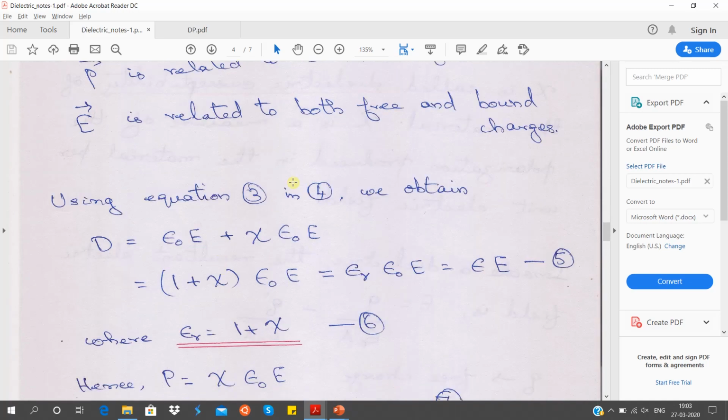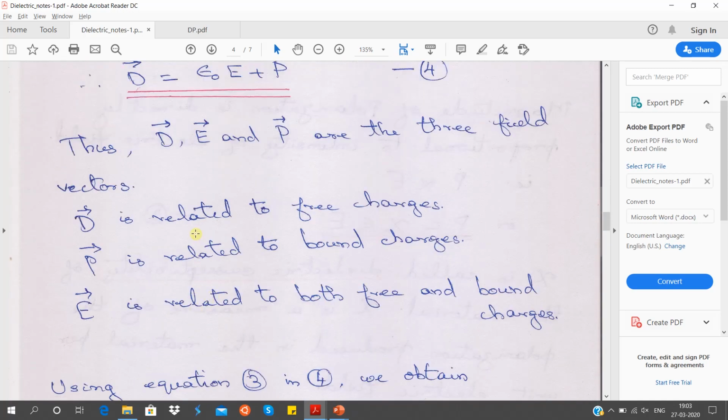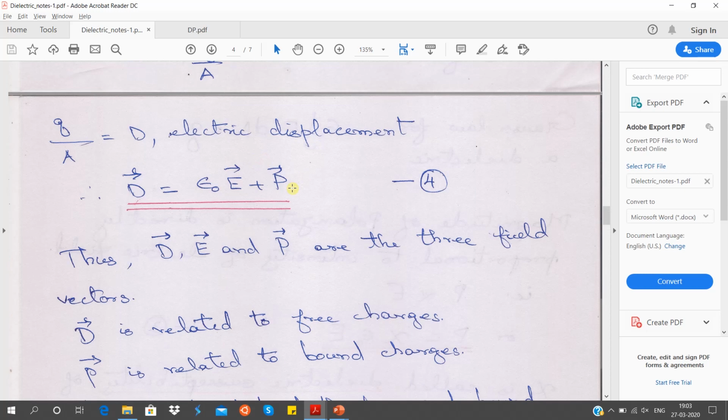Coming down further, now I substitute that expression for P, that is chi epsilon naught E, into this relation.